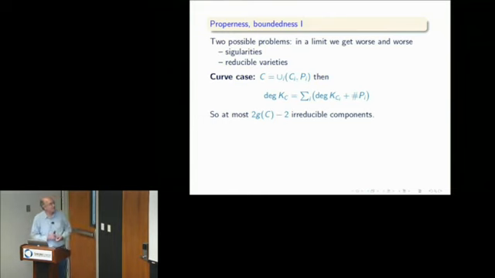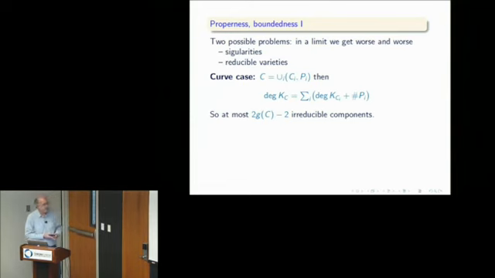Why? If I have a reducible curve, I write it as the union of the C_i, with P_i denoting the nodes. Then the degree of the canonical class, omega_C, is just the sum of the degrees that you get on each irreducible component. On each irreducible component, you have a line bundle which is ample, so it has a positive degree.